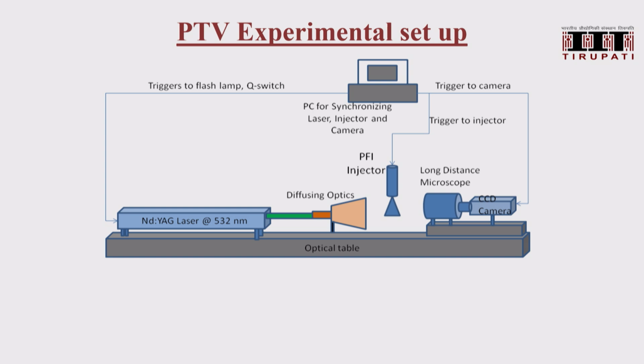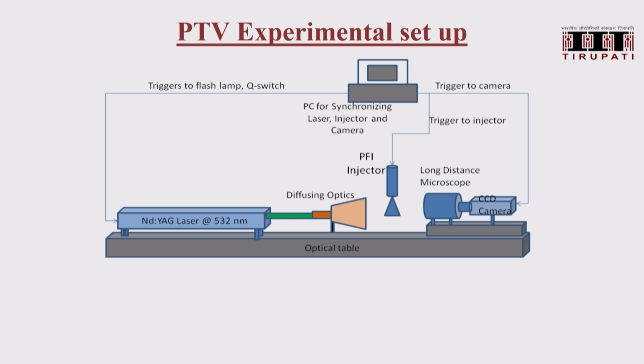Imagine that in the spray, you have to capture a few microns. The other day you were telling about a 50 micron drop. You have to have enough resolution to capture that, so you need to go really close. The working distance is from the lens surface to the imaging plane. Most of the times you can't go that close, because if the spray hits, it can damage the instrument.